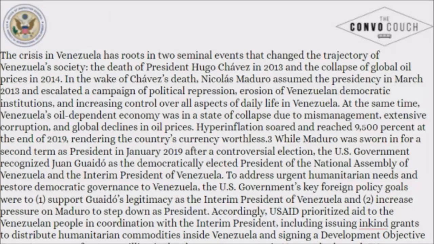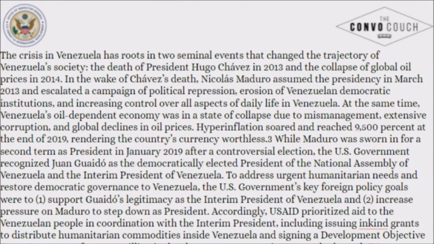While Maduro, they continue, was sworn in for a second term as president in January 2019 after a controversial election, the U.S. government recognized our friend Gusano Juan Guaido as the democratically elected president of the National Assembly of Venezuela, even though he was literally no one, and the interim president of Venezuela.